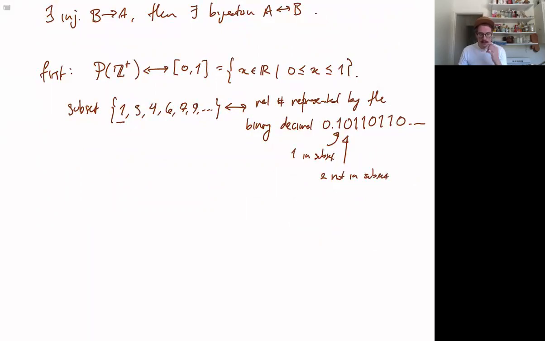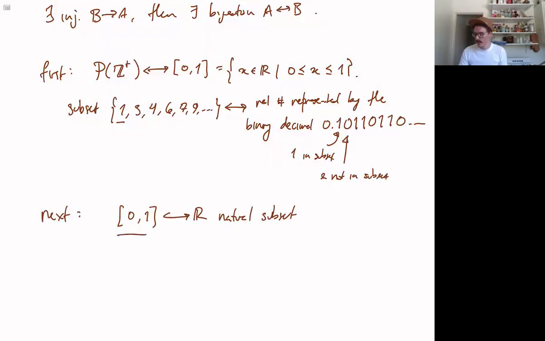And now we will use the Schroeder-Bernstein theorem to show that this closed interval has the same cardinality as the real numbers. And the way we'll do that is by giving injections in both directions. So this one is clear.